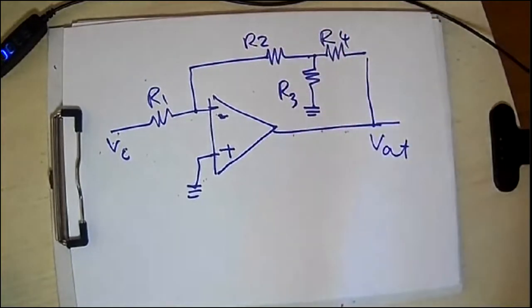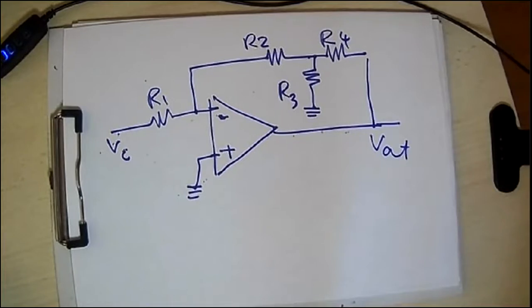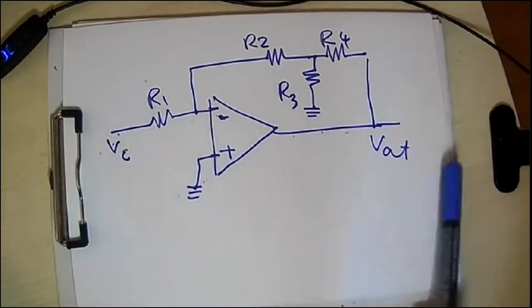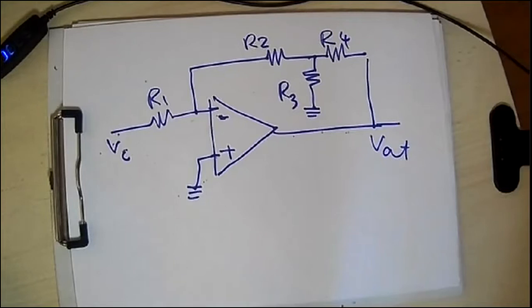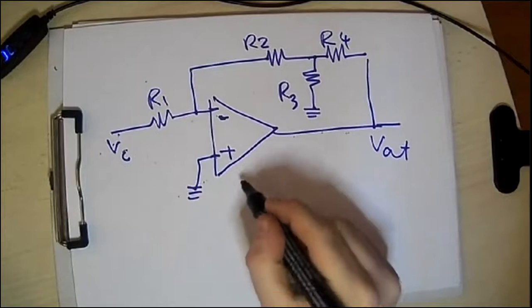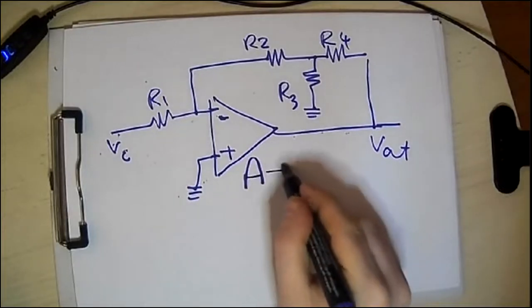And what we are seeking, my dear students, is an expression for the output in terms of the input, or again, the output over the input. This is what we are seeking. In this problem, we assume this is an ideal amplifier.